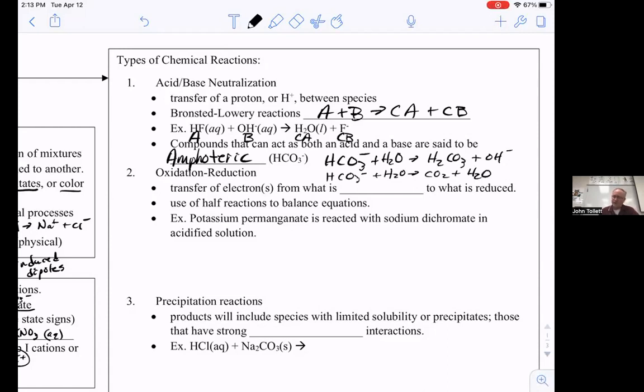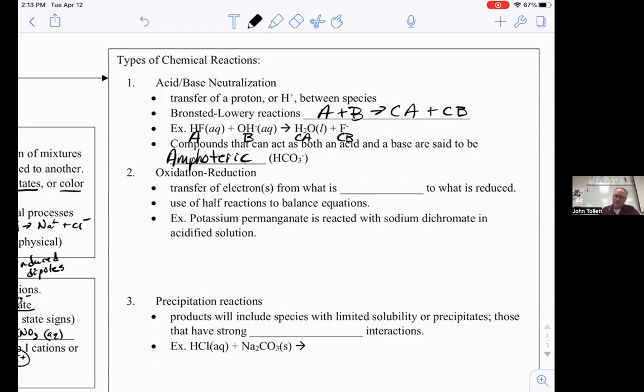Oh, sorry, H3O plus. What am I doing? That would be CO3 2 minus. But it's highly unlikely that's going to occur. It acts more predominantly as a base, but in certain circumstances, it could be forced to lose that hydrogen. Amphoteric substances are those that can gain or release hydrogen ions. They can act as an acid or a base in solution.